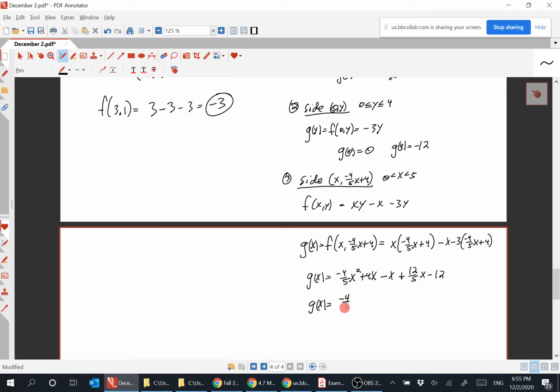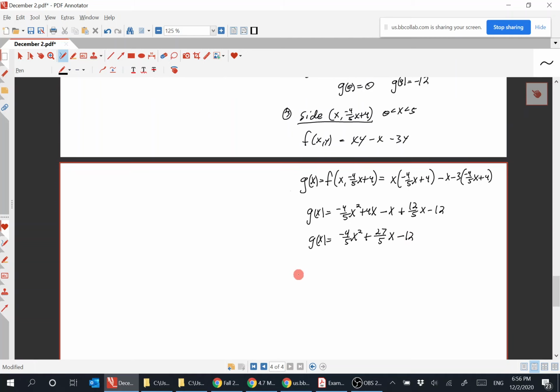So minus 4/5 x squared. I have 4x minus x, which is 3x, that's 15 fifths, so plus 27/5 x minus 12. So there's my single variable function.